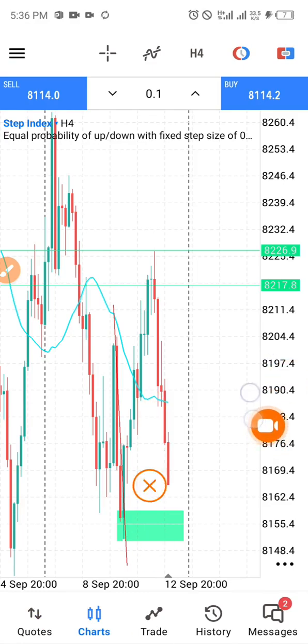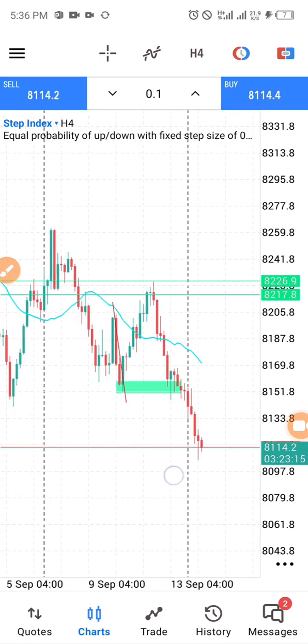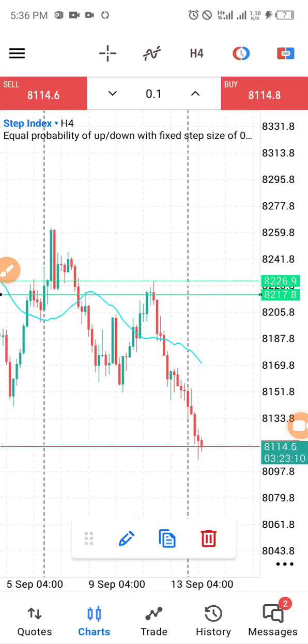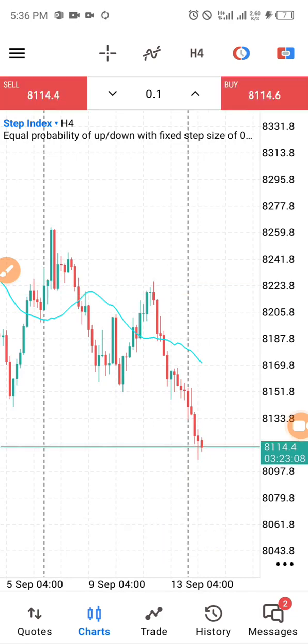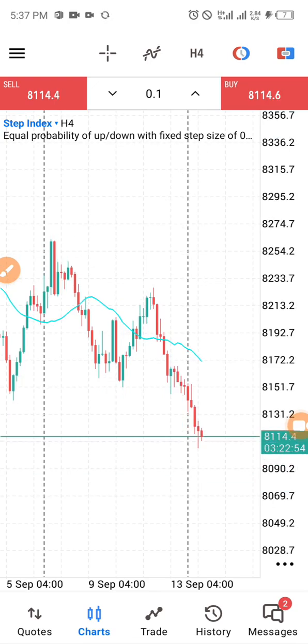So this is the chart, the current chart of this particular asset. This is step index. There are different time frames. Each of these candles represents a particular time frame. For example, we are in the H4 here, so each candle took 4 hours to form.